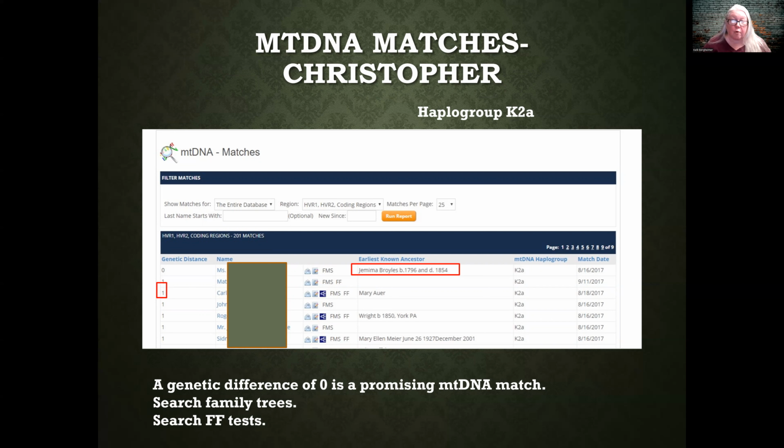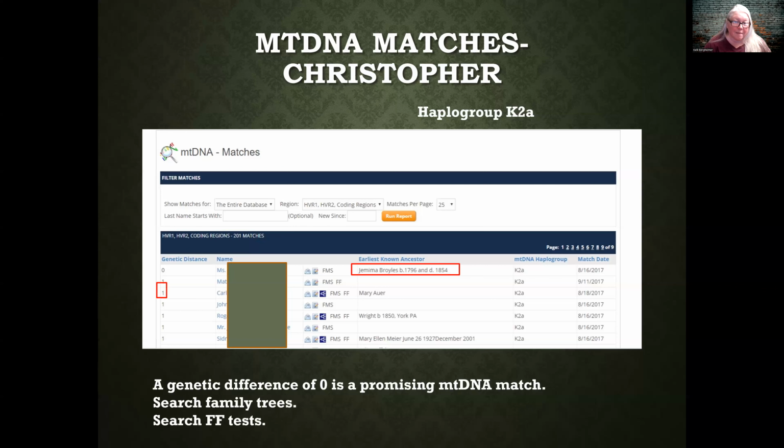That means there's no mutations between my husband and this particular match. That means that there haven't been any mutations for whatever period of time and whatever genetic distance there is and whatever genealogical distance there is between him and this match. So that's a promising lead, but there's only one person.